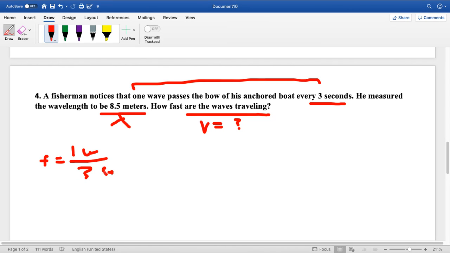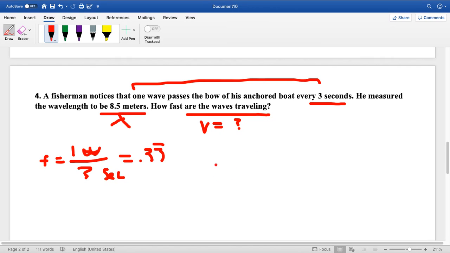If I put that in my calculator, that's going to give me 1 divided by 3, which is 0.33 repeating. Okay, so that's my frequency because one wave passes every 3 seconds.